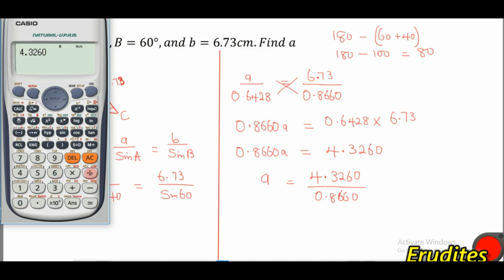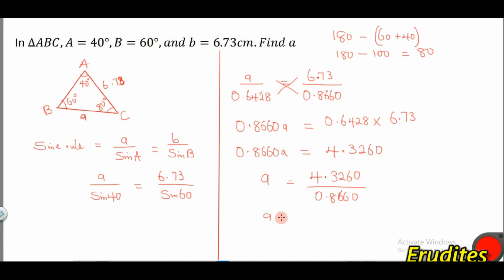I'll punch this to convert it to decimal. That will be equal to 4.9953. So my a will be equal to 4.9953.